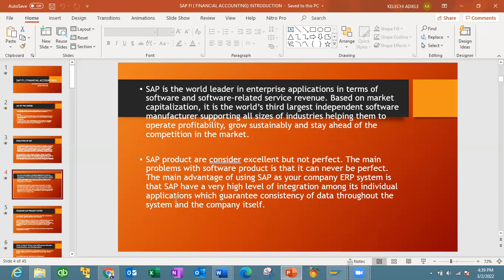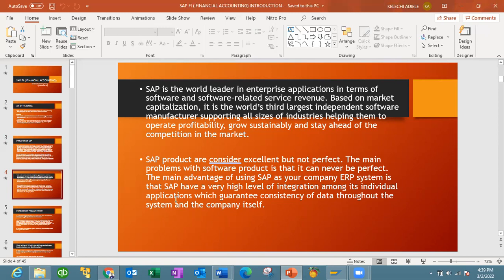In terms of functionality, SAP is the number one in the world, and that's why most companies use it. And the thing is the integration. SAP has a lot of modules, a lot. In fact, there are some you have not even heard of. There are some I don't even know what they are.